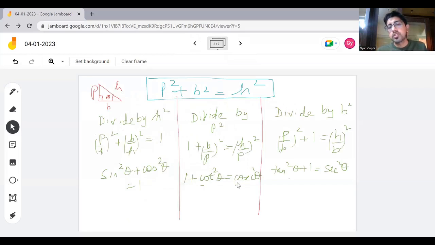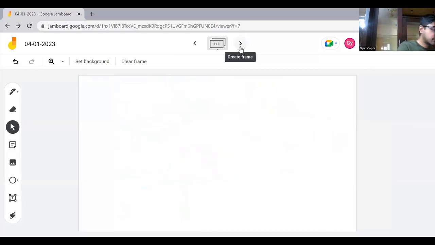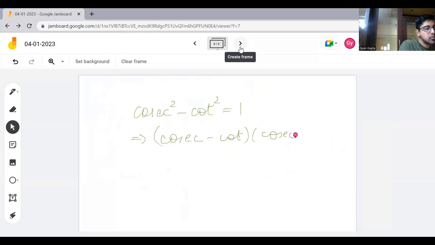So you can write it as cosecant minus cot into cosecant plus cot is equal to 1. Let me just write it with an example of cosecant for you. Cosecant square minus cot square is equal to 1. So that will be cosecant minus cot into cosecant plus cot is equal to 1.